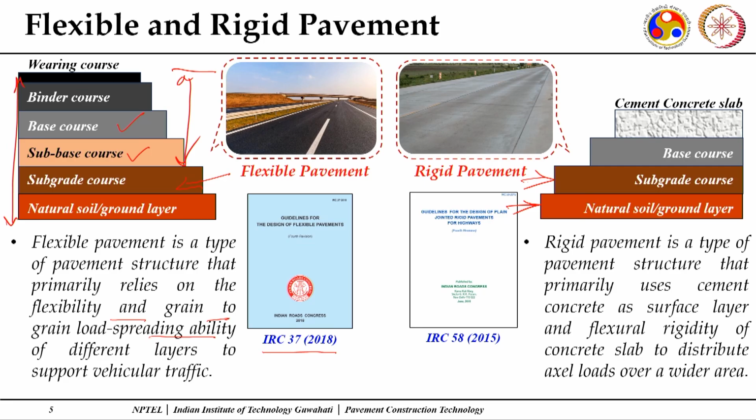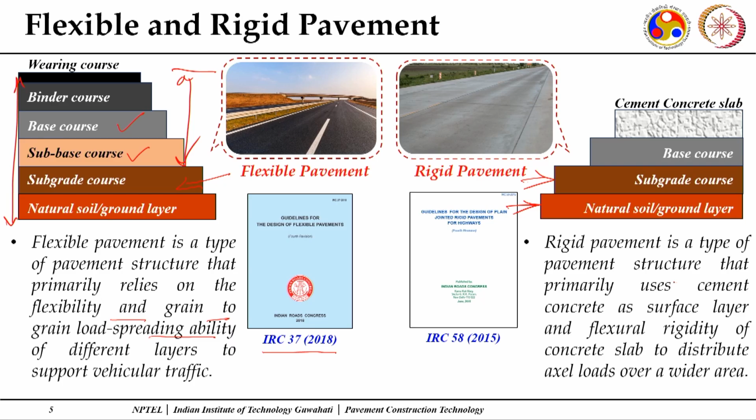What comes over this particular one is either an unbound layer, which is again a granular course, followed by a base course which is a bound course, and then on the top we have a cement concrete slab. Now, this cement concrete slab has good strength. So, that is why this becomes a rigid pavement structure.